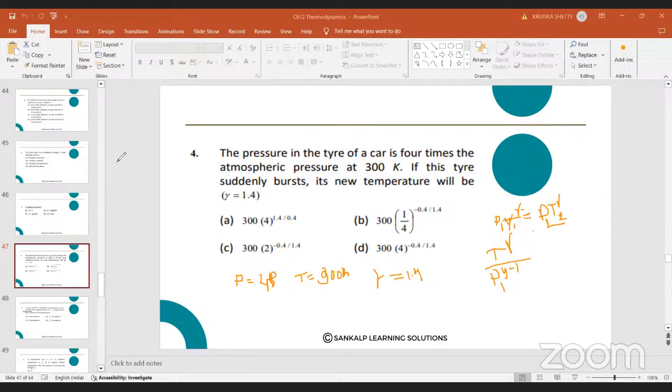So if I simplify this for T2, T2 divided by T1 is equal to P1 divided by P2 raised to 1 minus gamma divided by gamma. Okay. So keep the T2 value as it is. T1 value is 300.